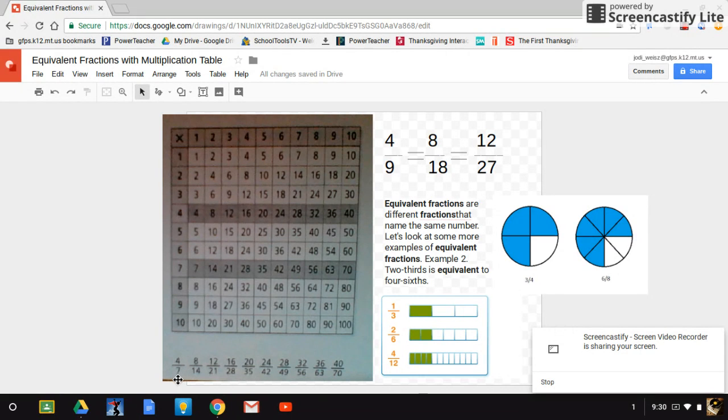I know 7 times 2 is 14, and I know 4 times 2 is 8. Then they took it to the next level, which if you go up here, you see they're multiplying both the numerator and the denominator by 3 to get 12/21, which is what they have right here.